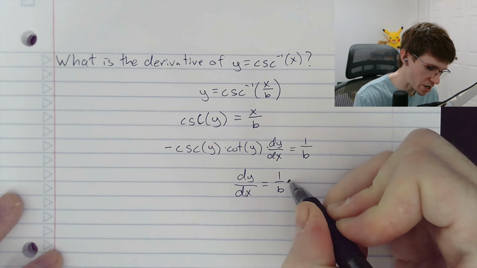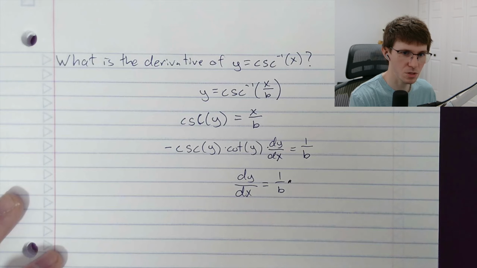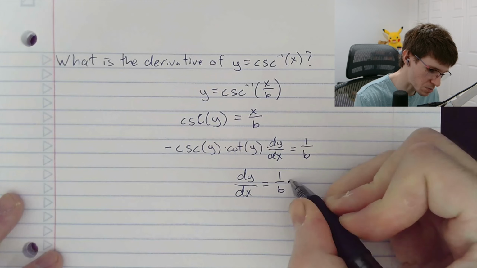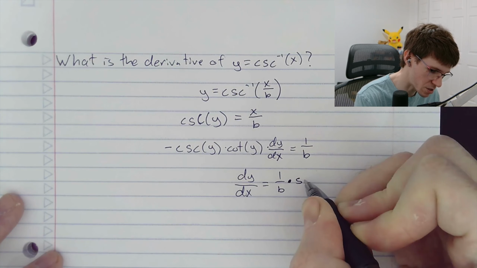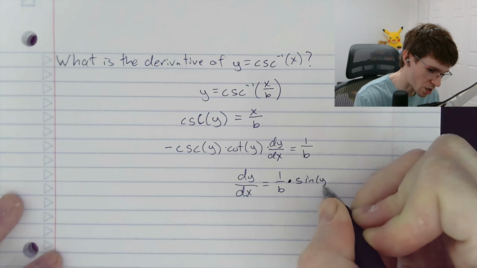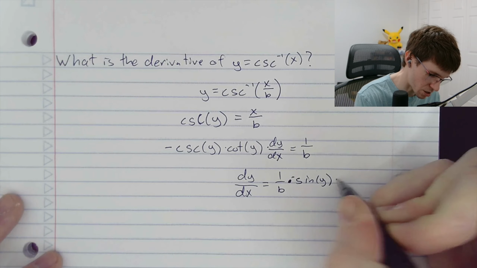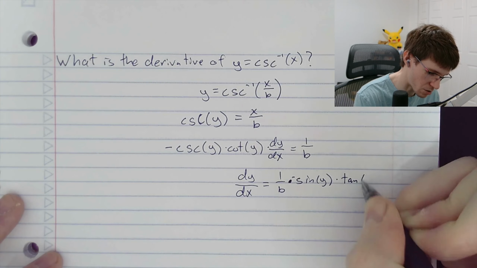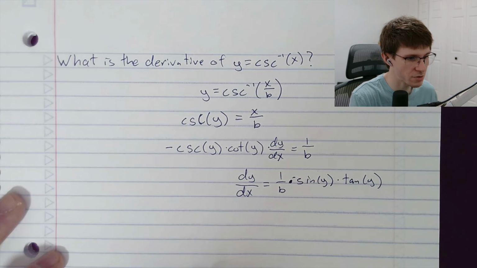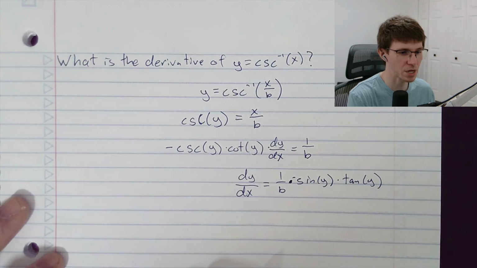When you are dividing by cosecant, dividing by cosecant is the same thing as multiplying by sine. So we now have the negative sine of y, I forgot my negative sign, I just told you not to forget, times the tangent of y, because again, dividing by cosecant is the same as multiplying by sine, and dividing by cotangent is the same thing as multiplying by tangent.